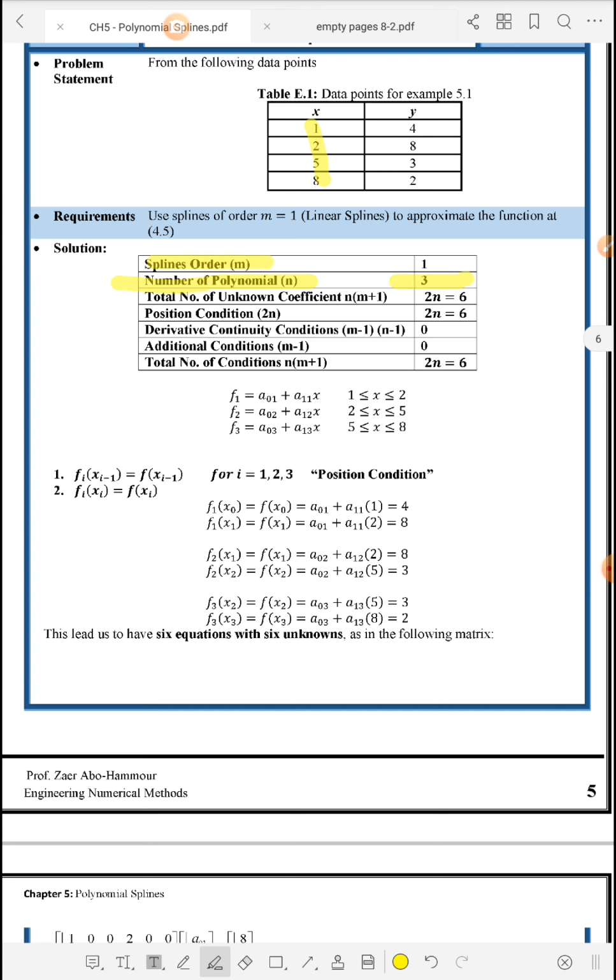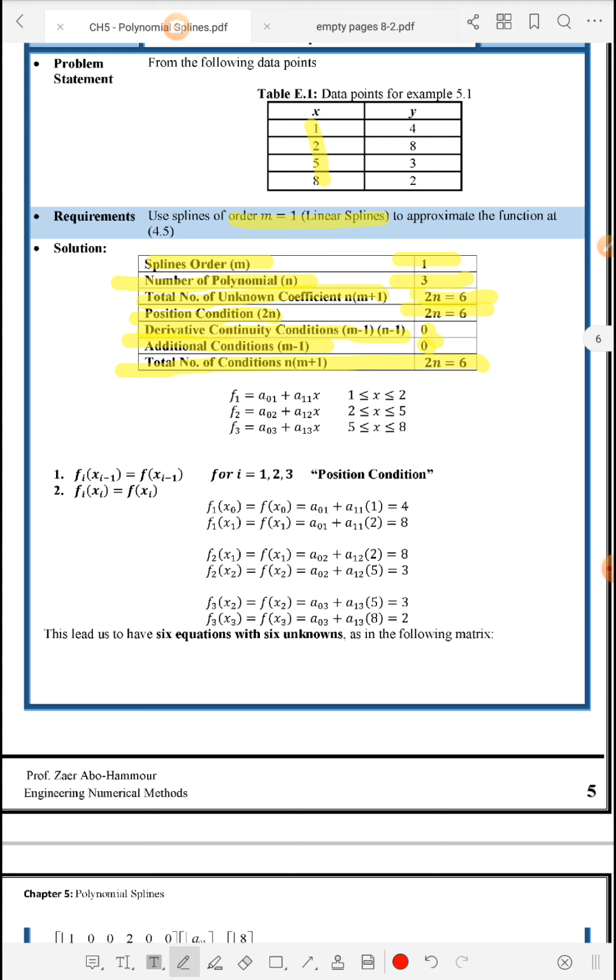And we want to construct linear splines, so m is equal to 1. The total number of unknown coefficients is 6, and the total number of position conditions is 6. So this means that there is nothing left for the derivative continuity, and there is nothing left, they are zeros, for the additional conditions, and the total number of conditions is 2n.